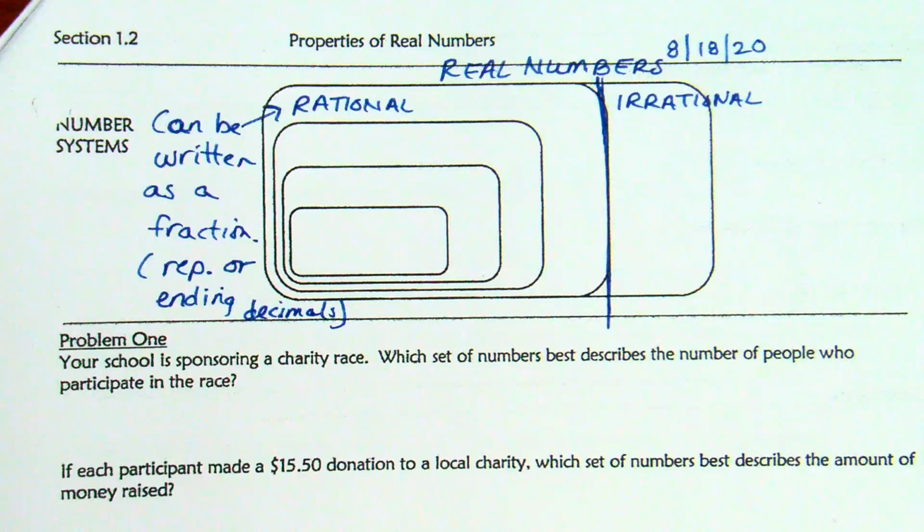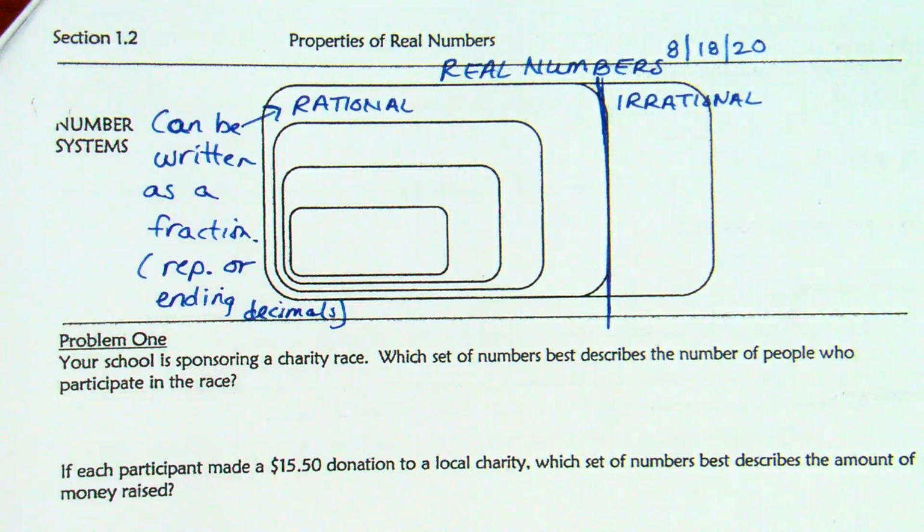So anything that can be written as a fraction is rational. Those rational numbers include decimals that either end, as in terminate, or repeat. What are some examples of rational numbers? Give me a rational number. 2.